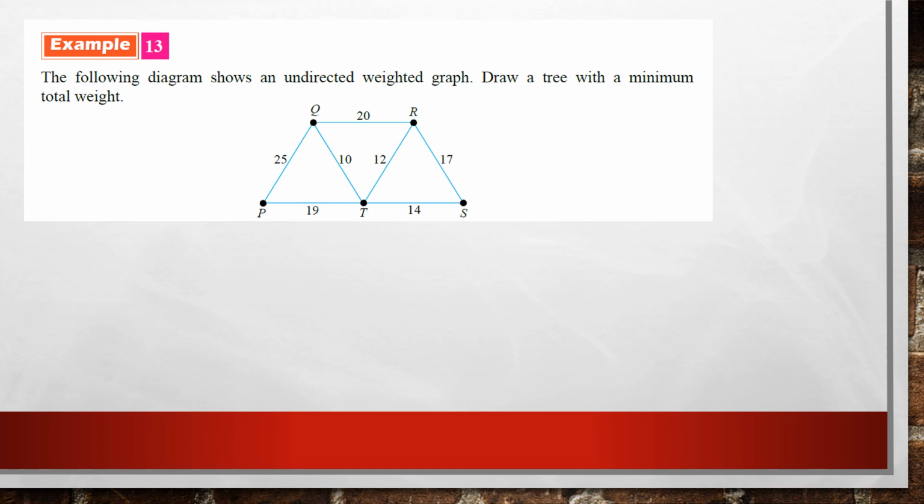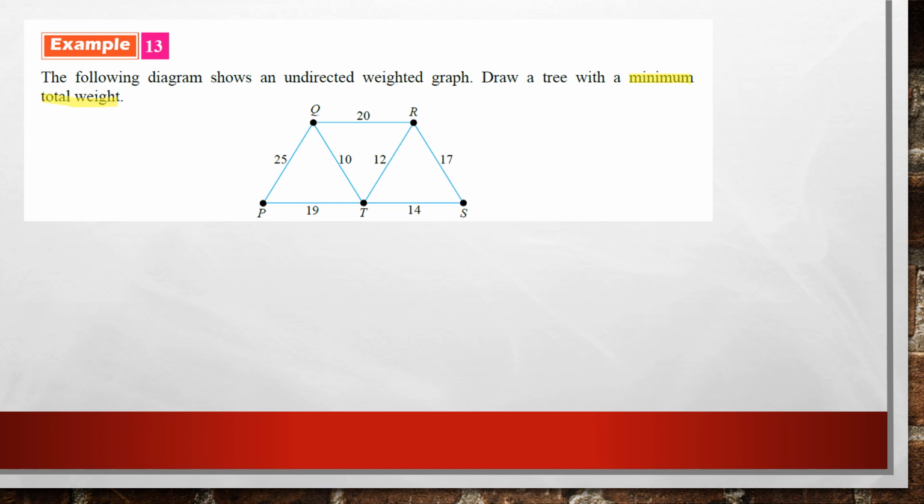At page 141. The following diagram shows an undirected weighted graph. Draw a tree with a minimum total weight. So here you have to highlight the words minimum total weight. For minimum total weight, that means you have to remove edges.